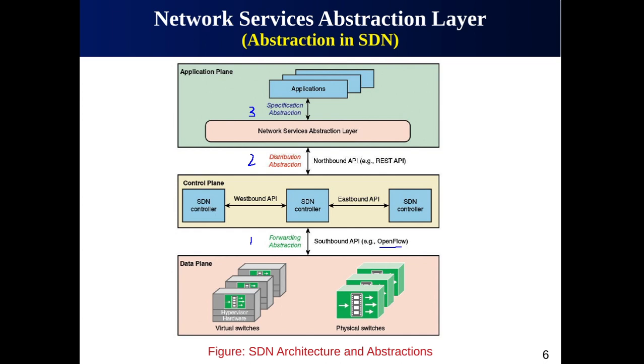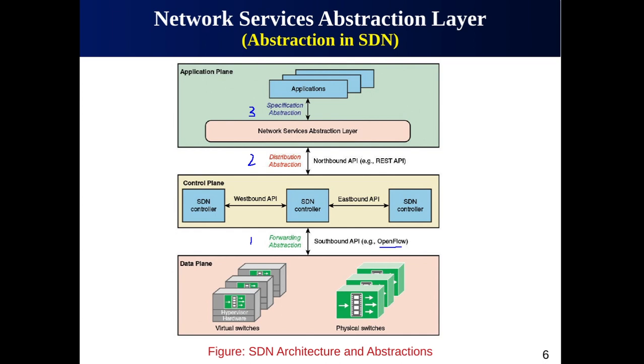So there are 3 levels of abstraction, or 3 levels of interfaces for those abstractions. The forwarding abstraction hides the low level forwarding hardware details from the higher layer.